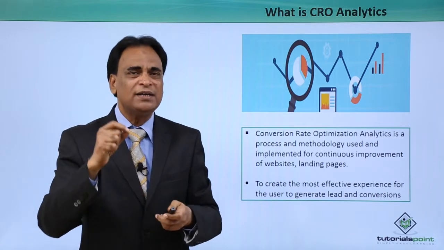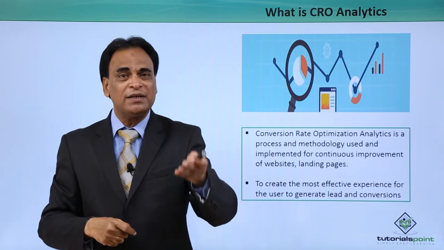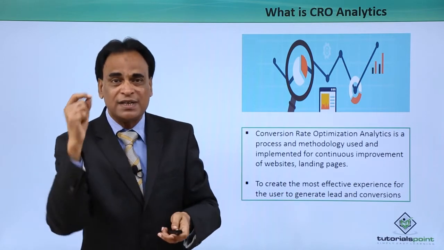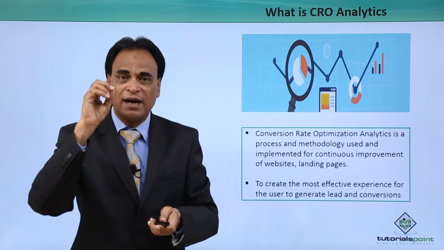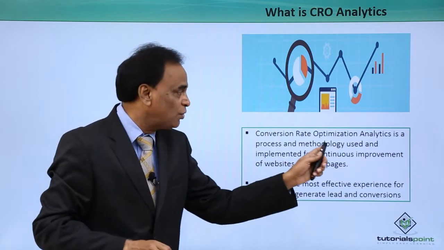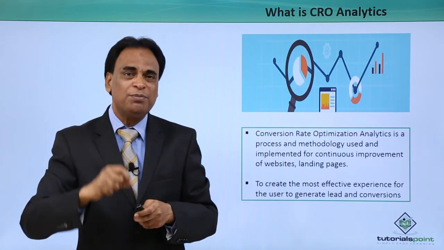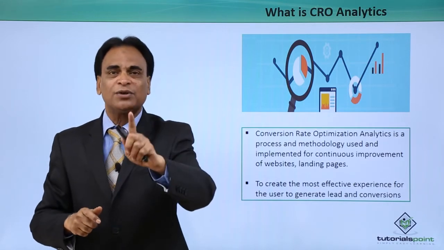If you want high conversion rates, if you want to implement conversion rate optimization techniques on your website, the other side of the coin needs to be implemented, and that is what continuous improvement is all about. And continuous improvement is based on the analytics, the CRO analytics.